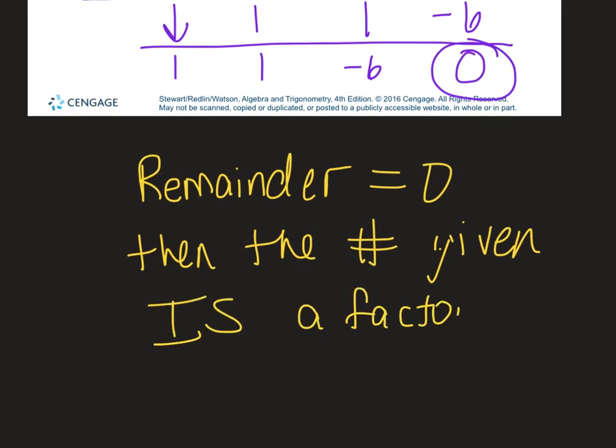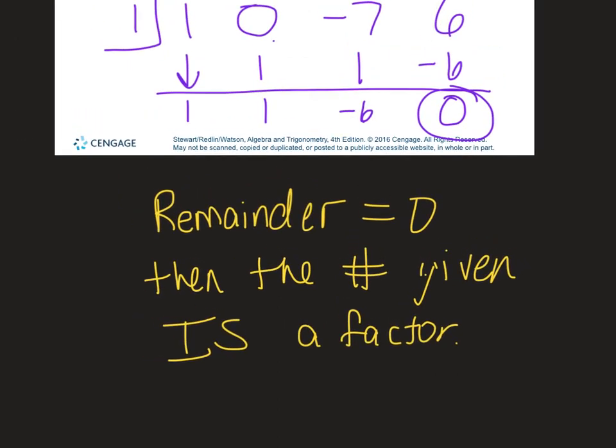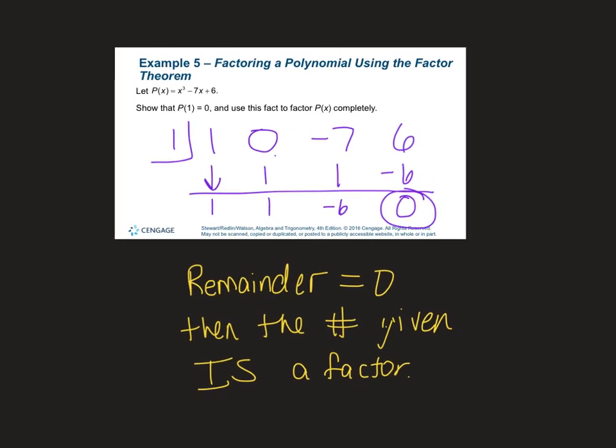So if they give you a number and say, is 6 a factor of this equation? Is -4 a factor of this equation? You use your synthetic division and you work it out. If your remainder is 0, that means it goes into it with nothing left over, no remainder. So you would say, yes, it is a factor. The time that something is a factor is when the remainder is 0.